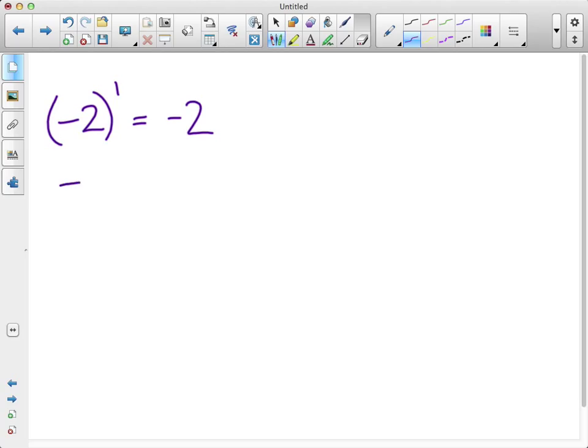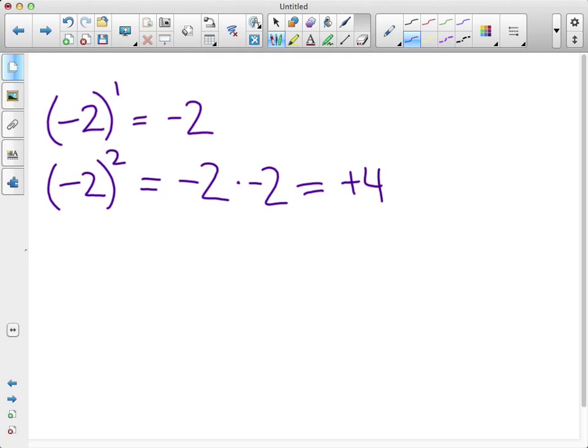If I have negative 2 squared, or to the 2nd power, I would write negative 2 times negative 2. And we know from previous math knowledge that a negative times a negative is a positive. So we would get a positive 4. We got a negative result with this one, and a positive result with that one.